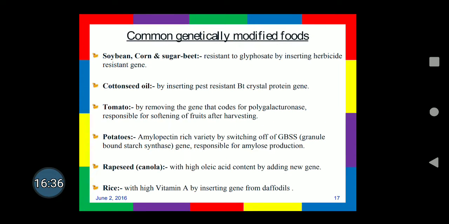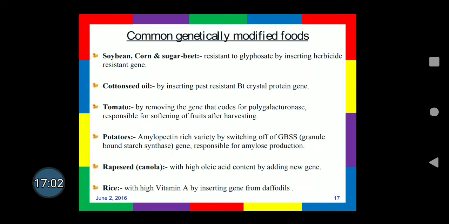The commonly genetically modified foods are soya bean, corn, and sugar beet. It has resistance to glyphosate by inserting a herbicide resistant gene. Cottonseed oil, by inserting the pest resistant Bt crystal protein gene. Tomato, by removing the gene that codes for the polygalacturonase responsible for softening of fruits after harvesting.